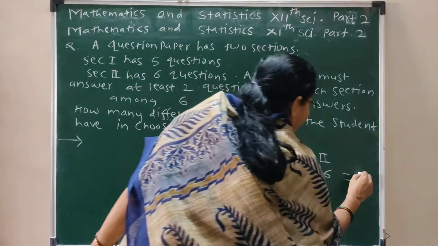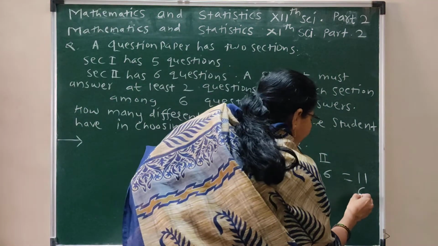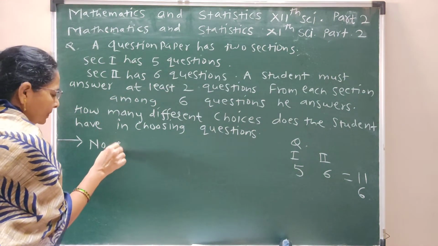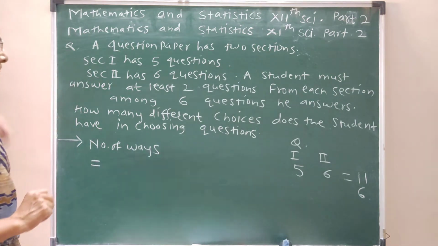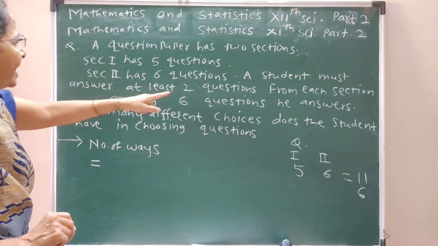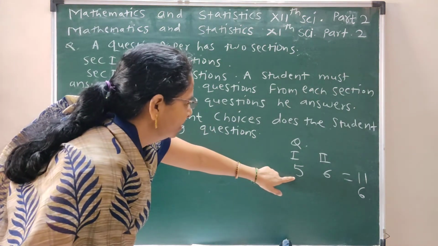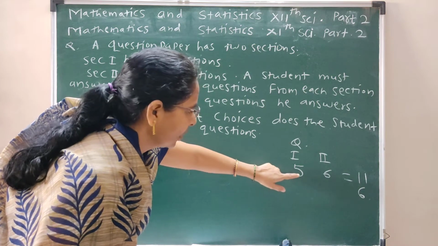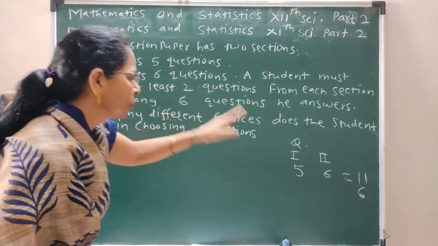Total questions are 11. He has to solve 6 questions. Selection, number of ways is equal to: at least 2 questions. Suppose we select this section, from this section he has to solve at least 2 questions.